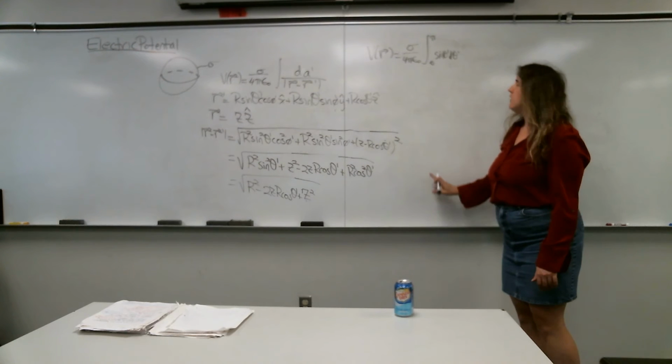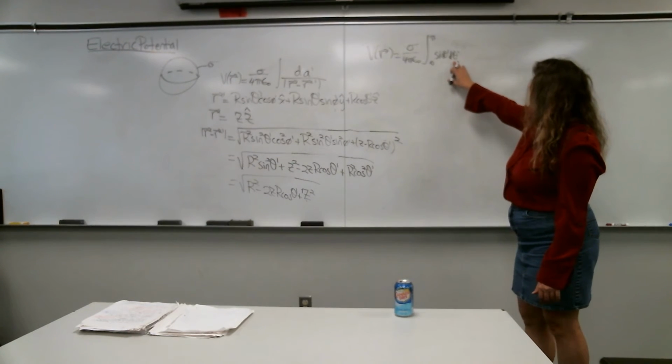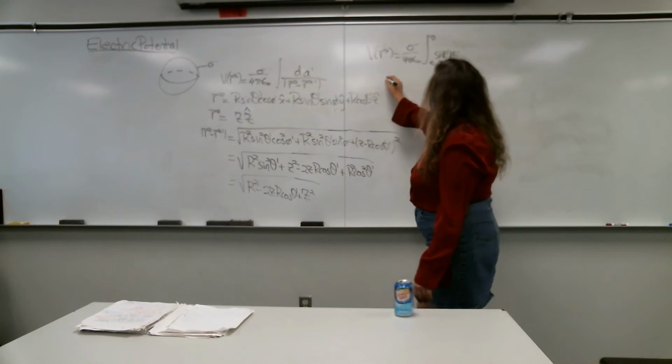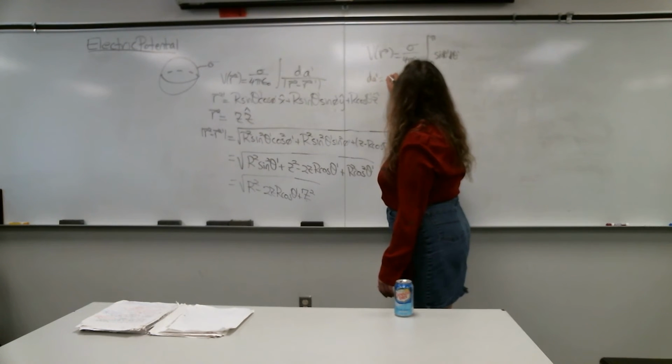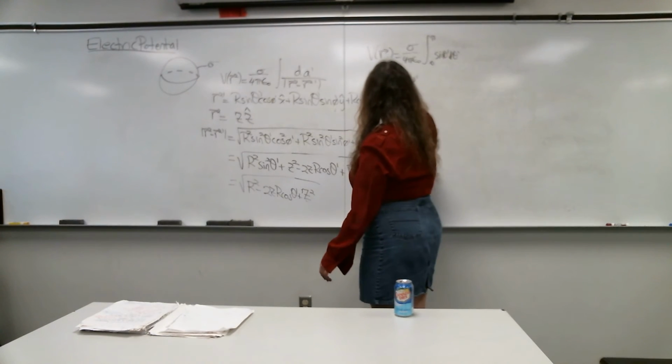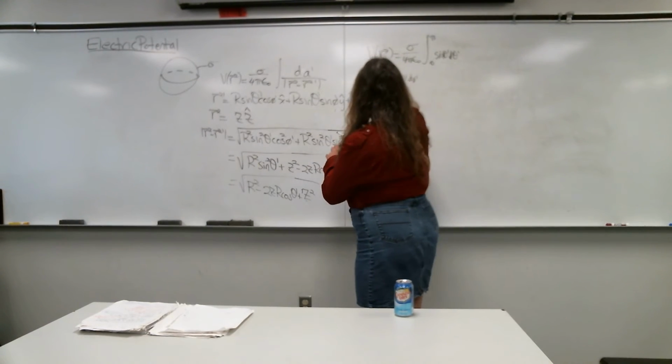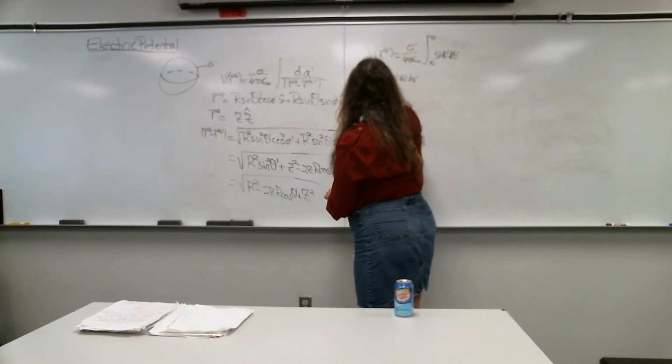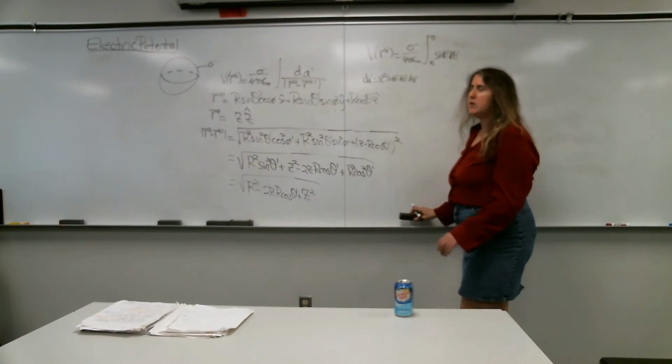We integrate over the thetas. That's sine theta prime d theta prime. So remember, dA prime is equal to sine theta prime d theta prime d phi prime, and we have r squared out in front here.